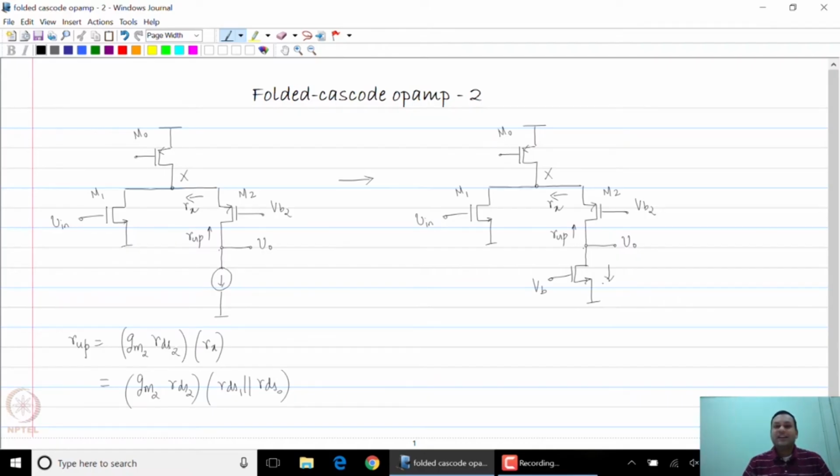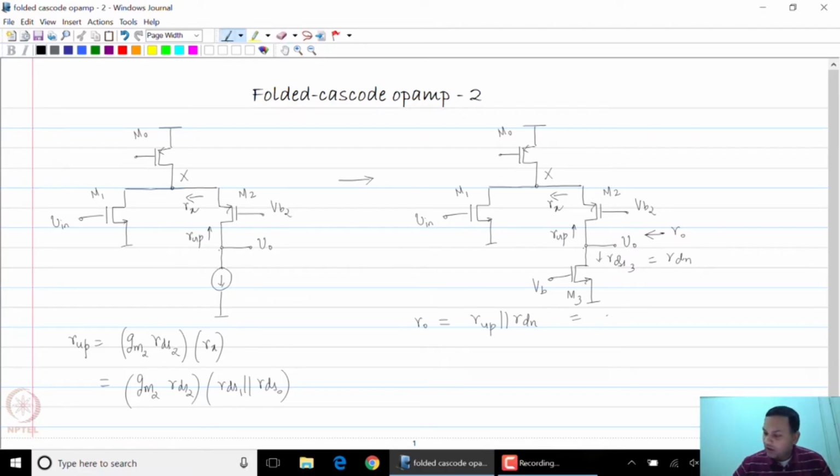Now clearly this NMOS transistor will now have some resistance. Let me call this M3. It will have some resistance rds3, and therefore R down will be equal to rds3, and the total resistance at the output, which is the output resistance Ro, is R up parallel R down.